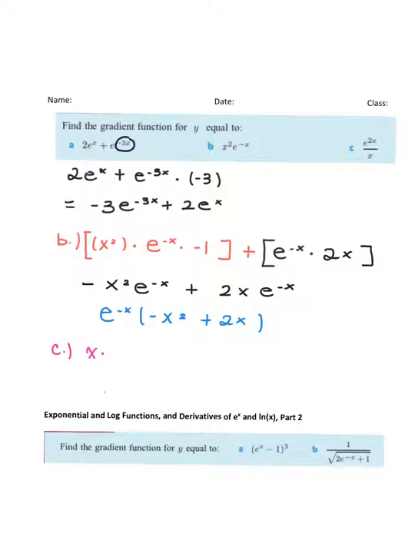What's the derivative of the numerator? e to the 2x times... well, your f of x is 2x, right? So this derivative is going to be e to the 2x times 2.